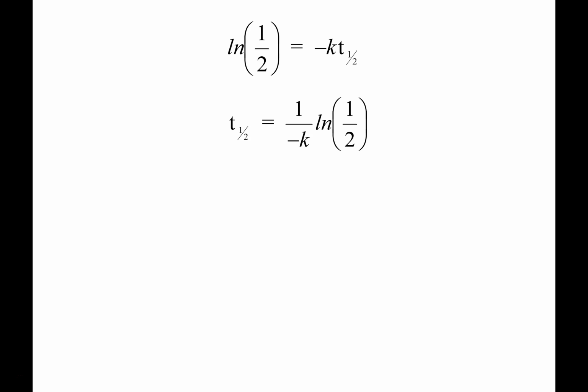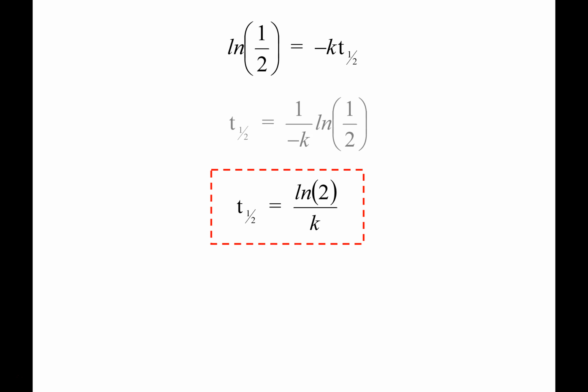Now, we could put ln of 1/2 in our calculator, but I'm using one of the log laws, from the sheet I gave you the other day, where we absorb this negative into the log and flip it, making this a 2 and this a 1.